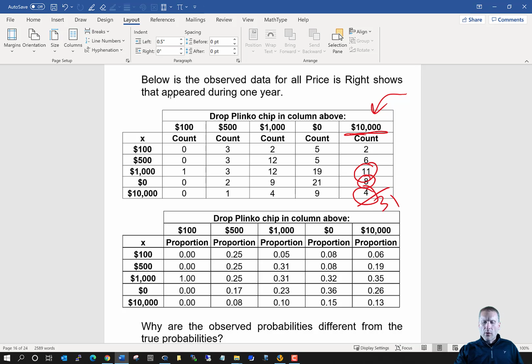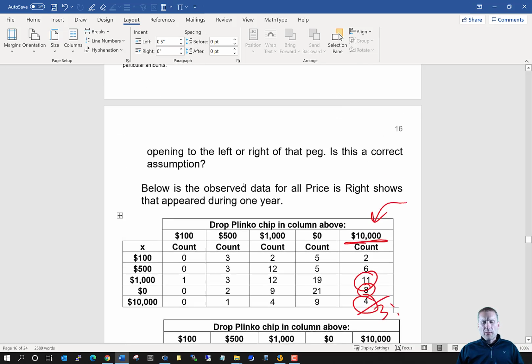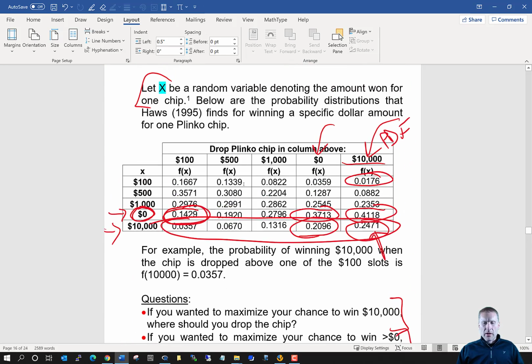And so if I take 4 divided by 31, I get 0.13. So you can think of these as estimated probabilities. And so what we can do is compare these estimated probabilities to what was actually calculated in the paper as what would be the true probabilities, or you can think of it as the population probabilities. And we can see there are some similarities and there are differences as well.